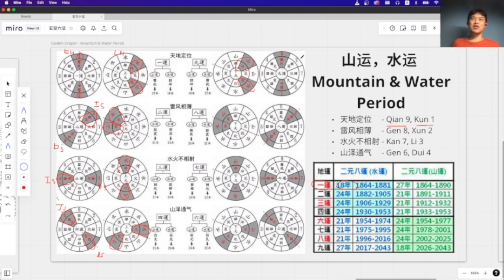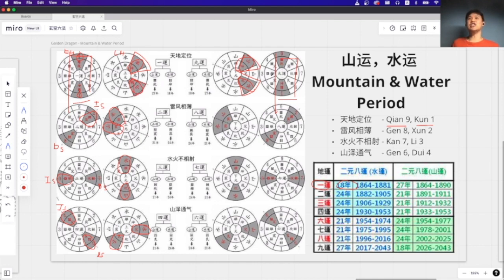So you see, the Early Heaven doesn't change. It's still the same, and the only thing that changed is that one is mountain, one is water. Period 1 is still between southwest and northwest, and similarly period 9 is also northwest and southwest.